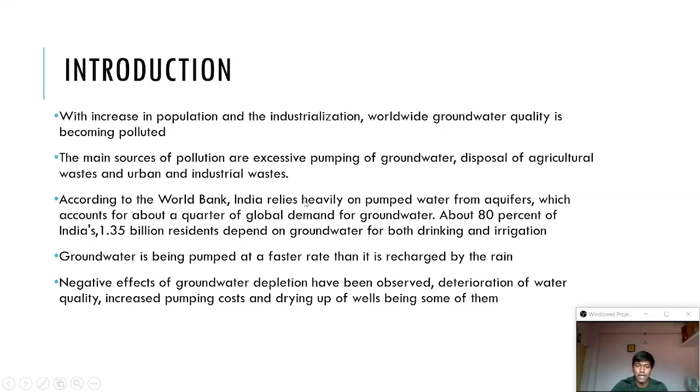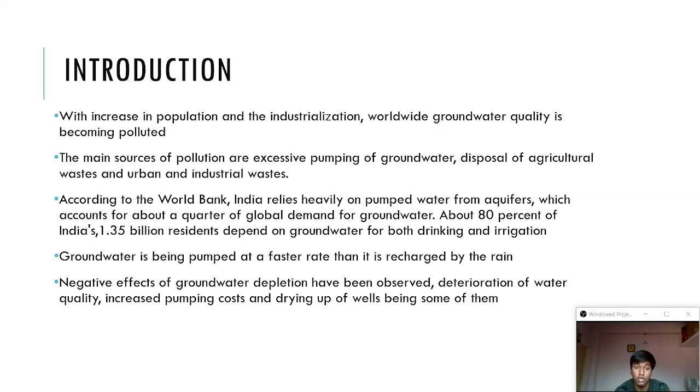According to the World Bank, India relies heavily on pumped water from aquifers, which accounts for about a quarter of global demand for groundwater. India is known for its population, and we are also using a major part of groundwater.